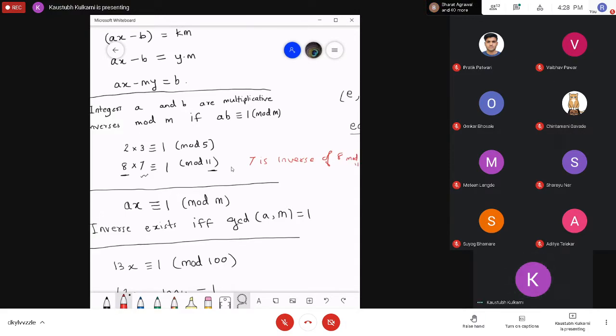Now what I'm saying is, because the mod is 11, we are dividing it by 11. The same thing will happen at every multiple of 11 when you add a multiple of 11 to 7. For example, if I say 8 into 7 plus k times 11, it will always be congruent to 1 mod 11.